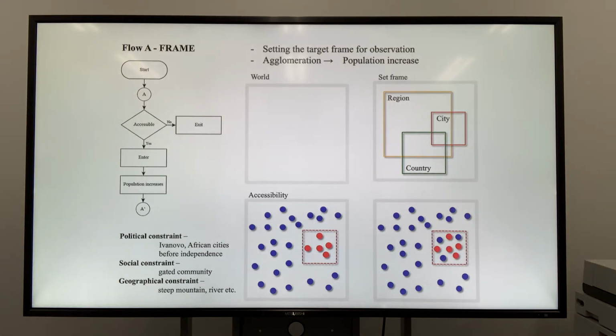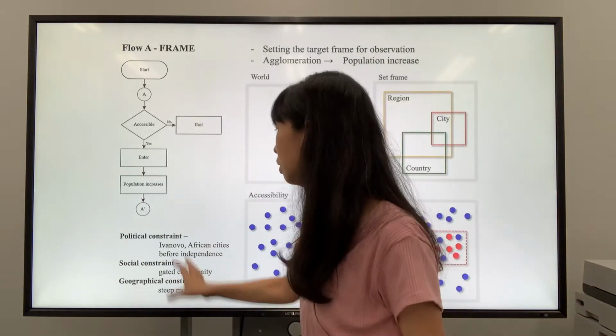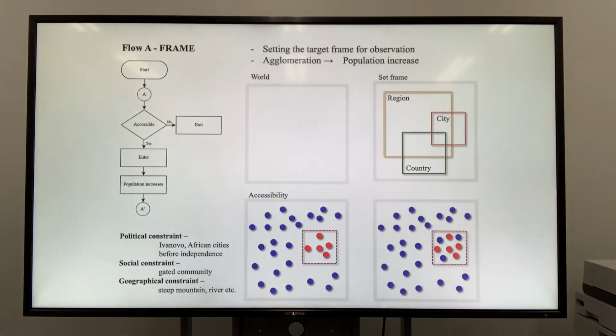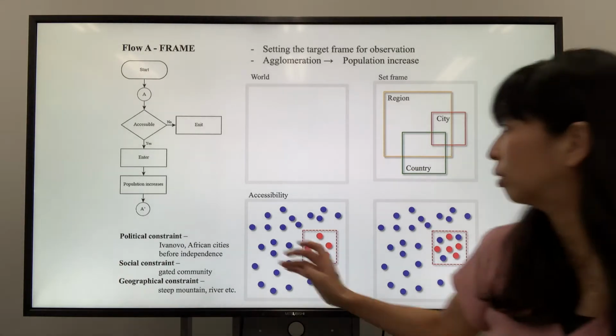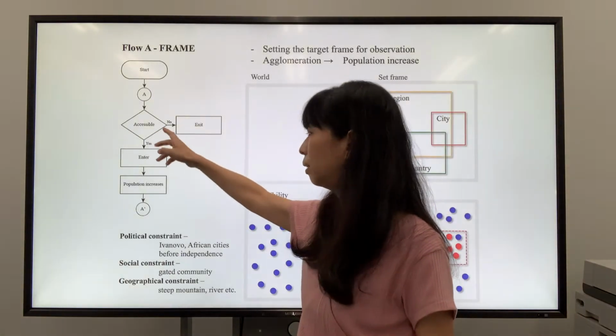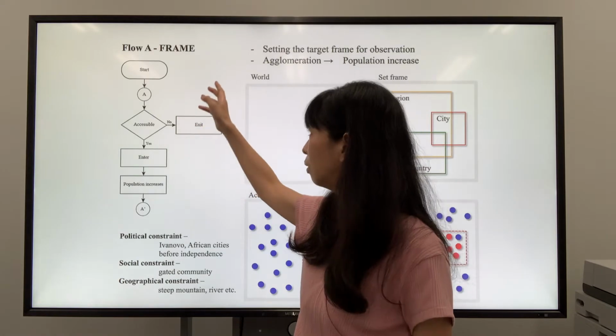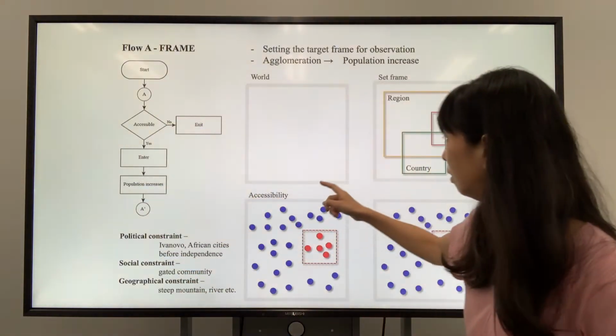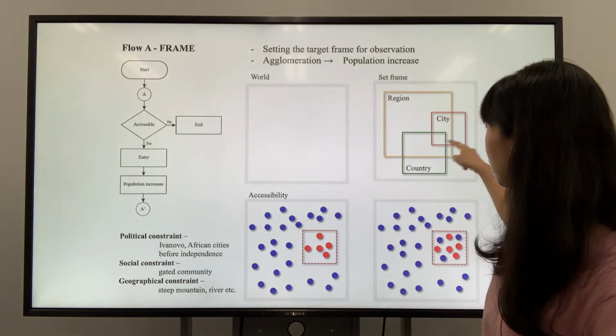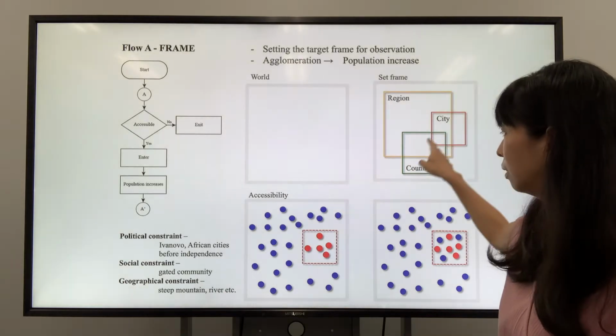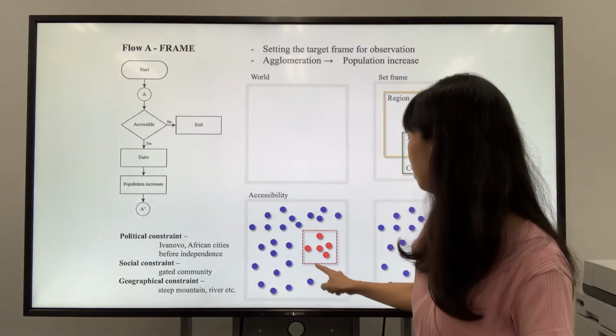So in terms of the detail of these flow charts, the first question is about accessibility. What does it mean by this? Let's say you set yourself a frame like this, and the frame is here.